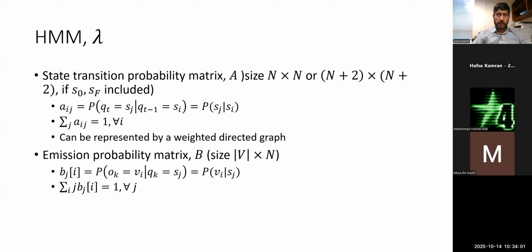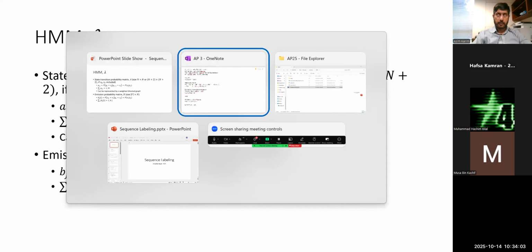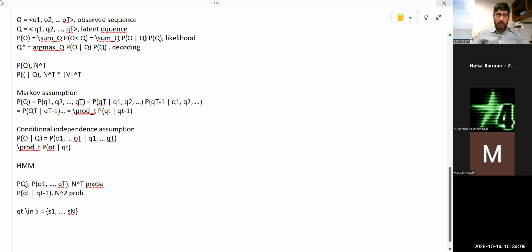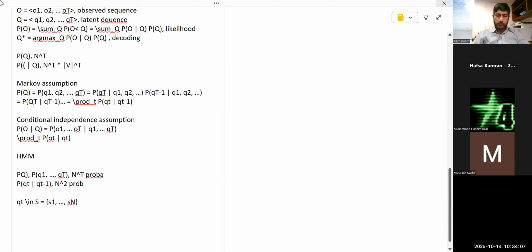So for example, let me show you. Okay. So let's say I talk about pure tagging. So let's say I have the state N. Probability of, let's say, the word I given noun.